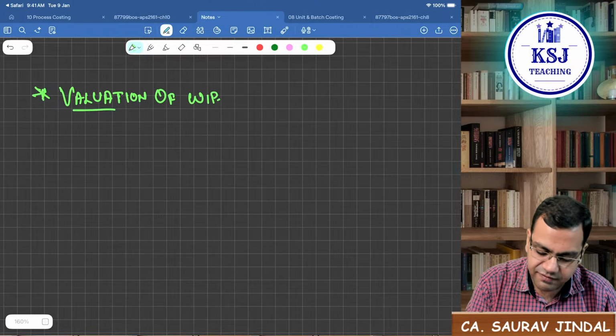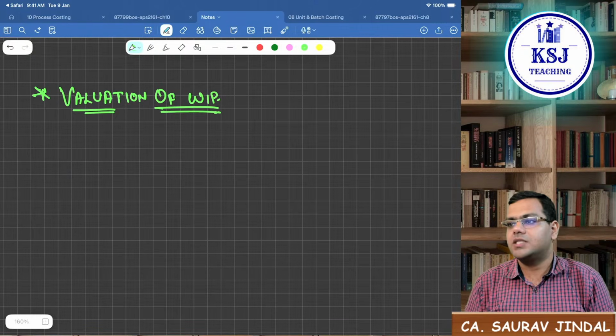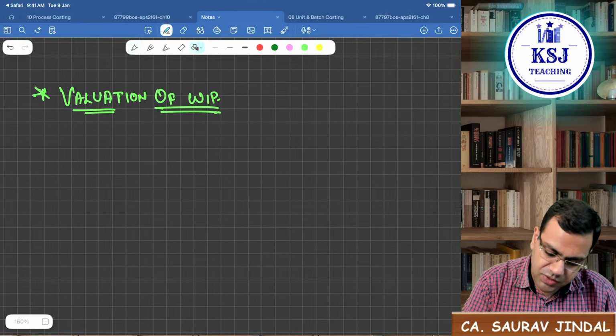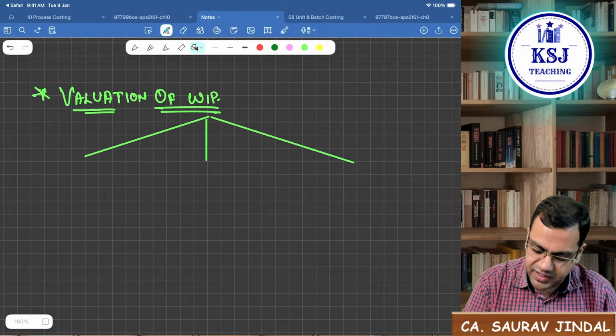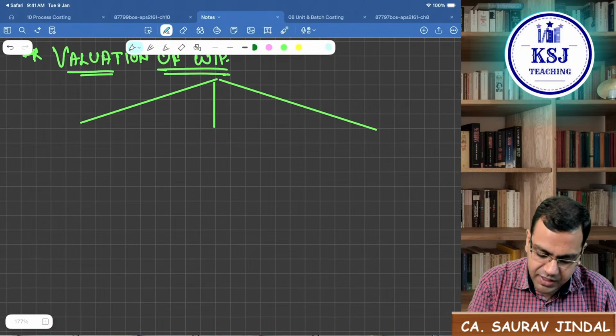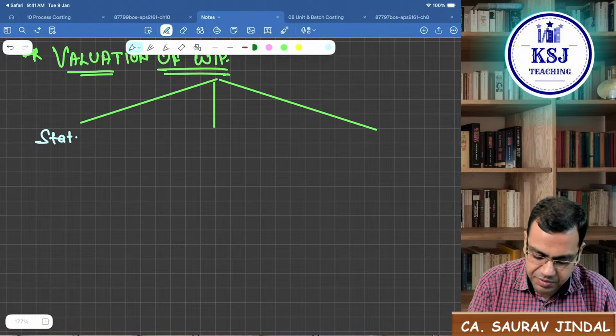Now, this valuation of WIP is broadly divided into three different parts. The first part is, the first step is we prepare the statement of equivalent production.